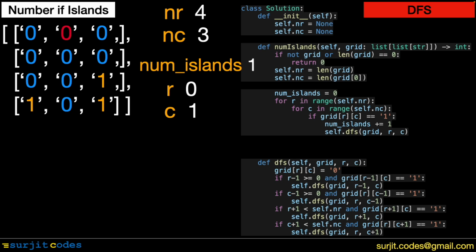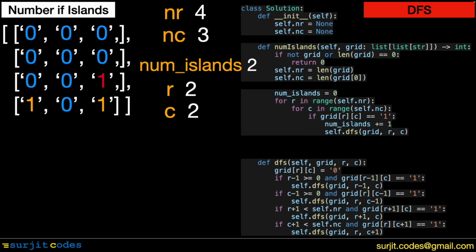In the next iteration of RC in the main program, it becomes 0 2. This cell is not 1, so we move further. Cell 1 0 is also not 1. The loop continues till we reach 2 2, where 1 is present.